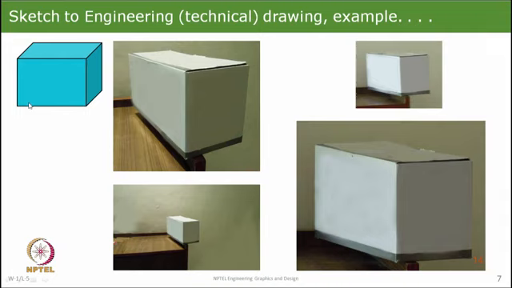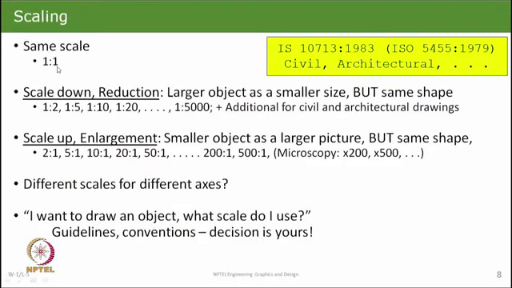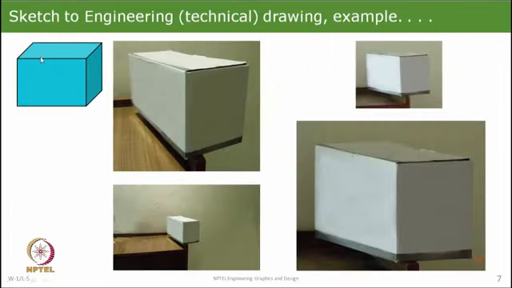If you use a CAD package, and I have done this in one of these software itself, it makes this drawing where it tells you that there is a box whose this dimension is this much, this dimension is this much, and this dimension is this much, and it tells you that this is a rectangle, this is a rectangle, this is also a rectangle, but the way we are depicting it, they all look at different angles. So, this is a rectangular box, all angles are 90 degrees. This is an idealization of a box.